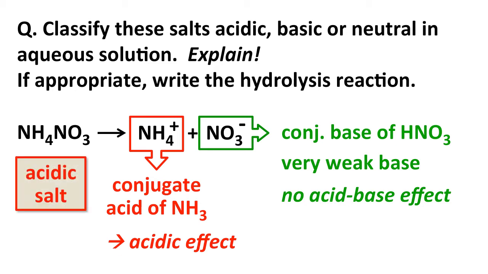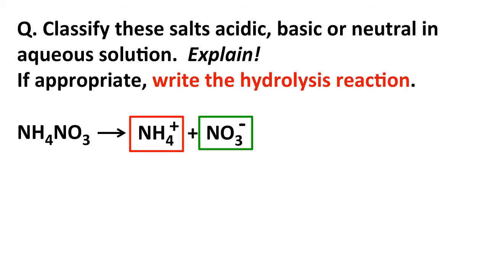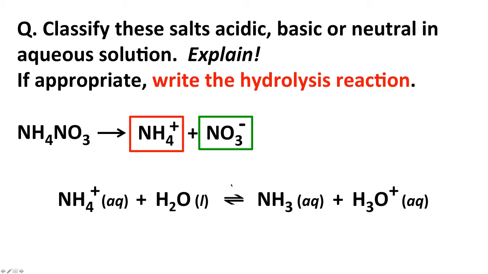So this is an acidic salt because of the NH4 plus being a weak acid, and the hydrolysis reaction for this comes from the NH4 plus. If we have water around with an NH4 plus, then the NH4 plus can donate a proton to the H2O, producing NH3, the conjugate base of NH4 plus, and H3O plus, and the H3O plus makes it an acidic solution.